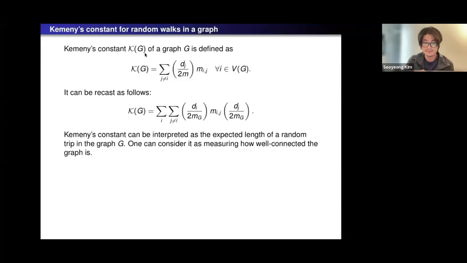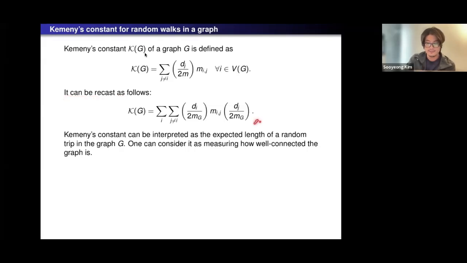And when you take a look at this part, d_j over 2m, where 2m is the sum of all degrees, we may consider it as the probability of choosing vertex j according to the degree. So this can be interpreted as the expected number of time steps for the random walker to arrive at a randomly chosen vertex. Then it can be recast as follows.